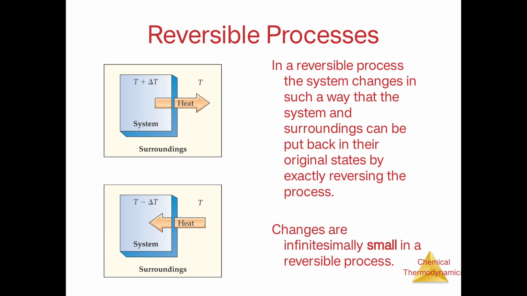For a reversible process, if we focus, the system changes in such a way that the system and surroundings can be put back in their original states by exactly reversing the process, which means the changes in temperature or any changes in that process are infinitesimally small, which means negligible change in the variables of such a process.